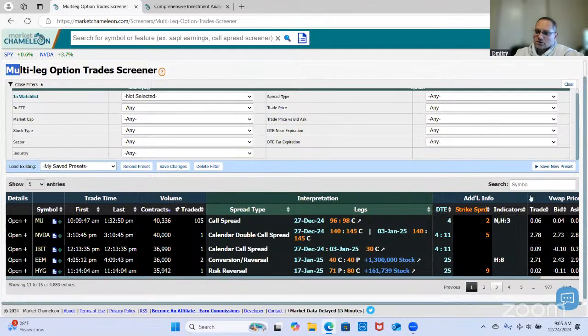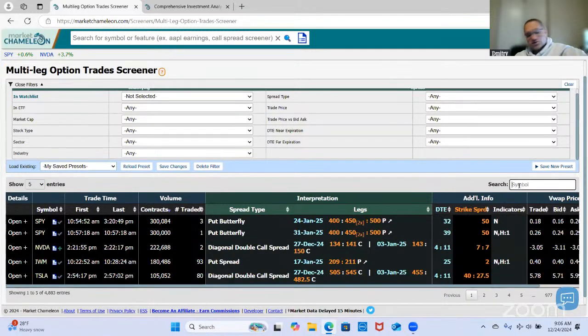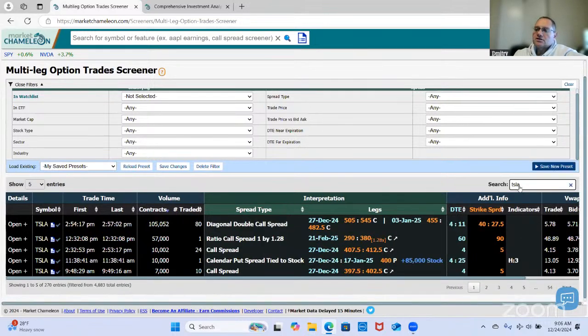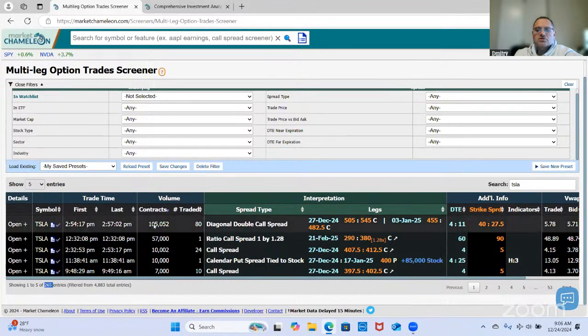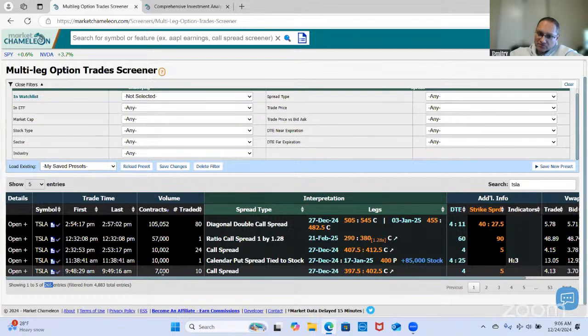finding more. If you want to put in a symbol, let's say you're interested in only Tesla for now, if we put in TSLA, now we have 265 spreads in Tesla. Again, these will be sorted by contract volume.